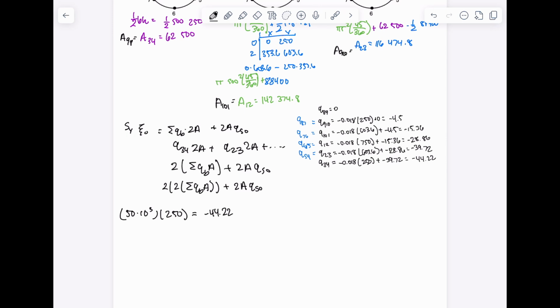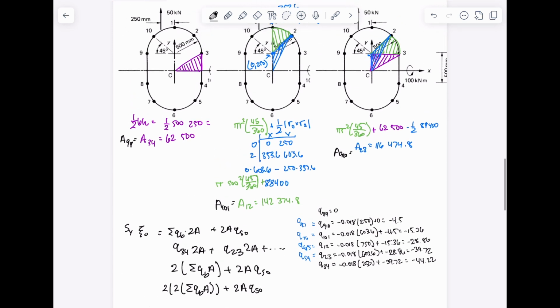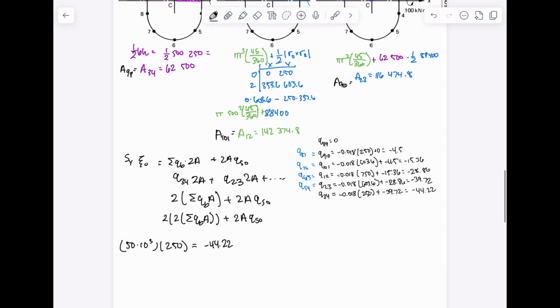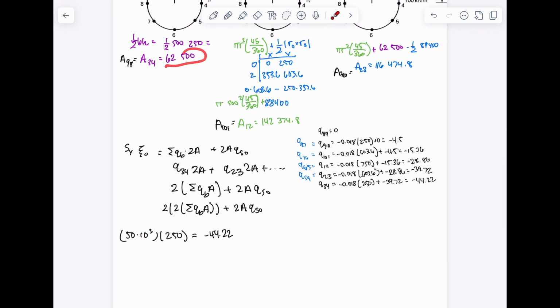And multiply by the area of 3 to 4, which we found here to be 62,500.